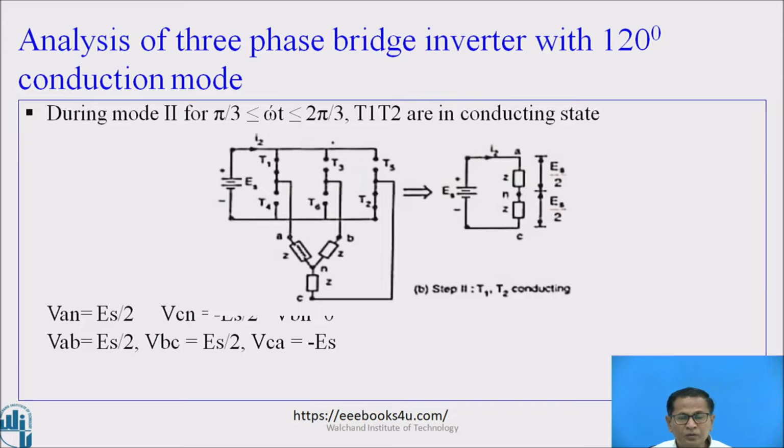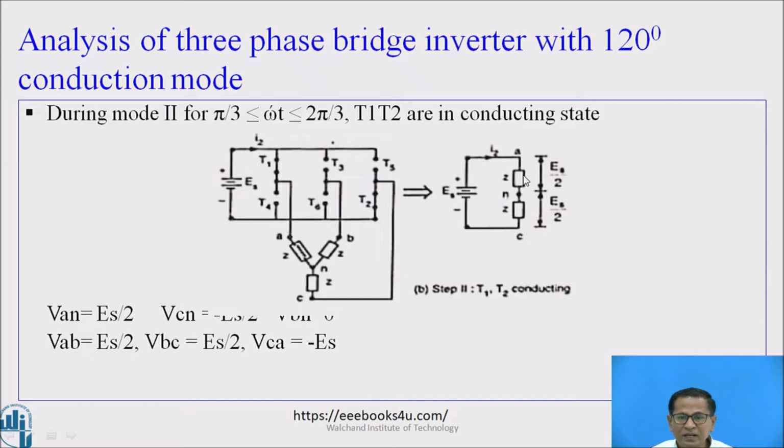During mode 2, the range of omega t is greater than or equal to 60 degrees and less than or equal to 120 degrees. In this mode, T1, T2 are in conducting state. When T1, T2 are in conducting state, phase A is connected to the positive terminal of the battery and phase C is connected to the negative terminal of the battery.